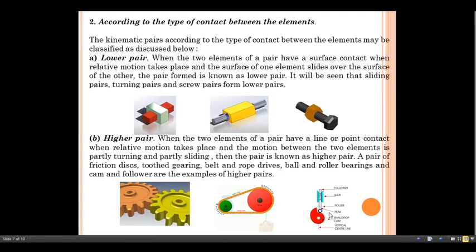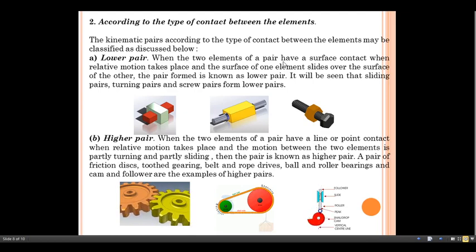Now next one, the classification of kinematic pairs according to the type of contact between the elements. The kinematic pairs according to the type of contact between the elements may be classified as discussed below. First one is the lower pair, next one the higher pair. Now see the meaning of the lower pair.